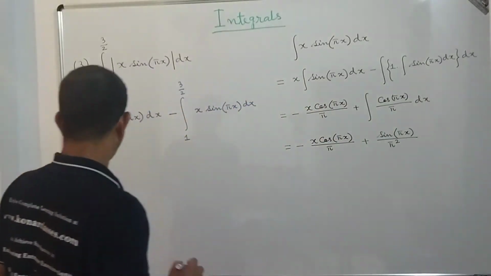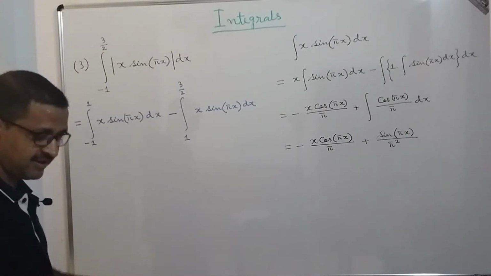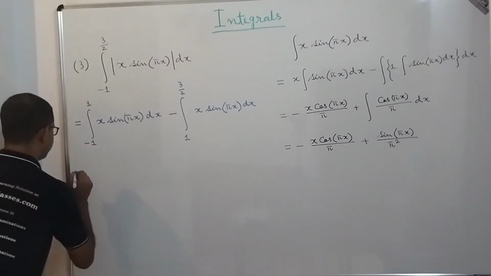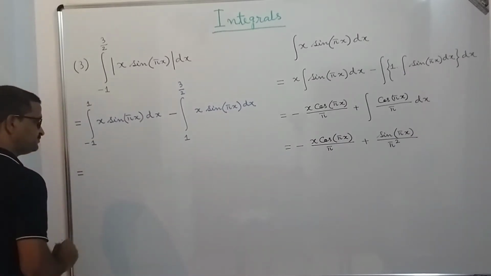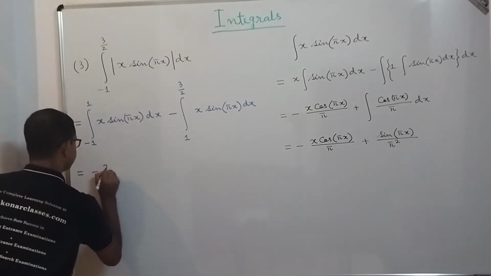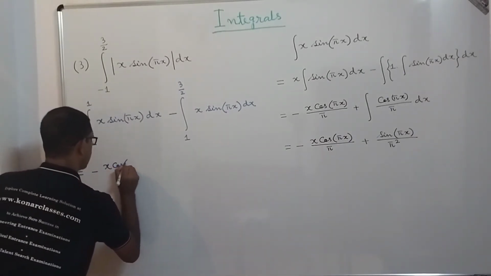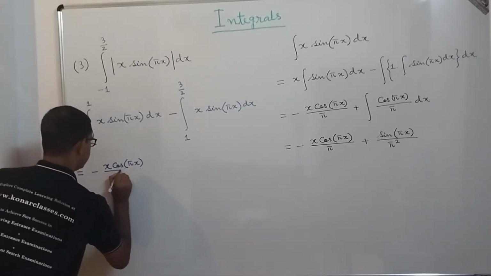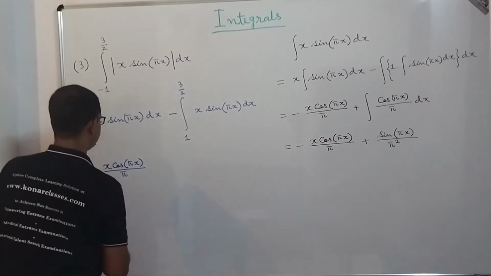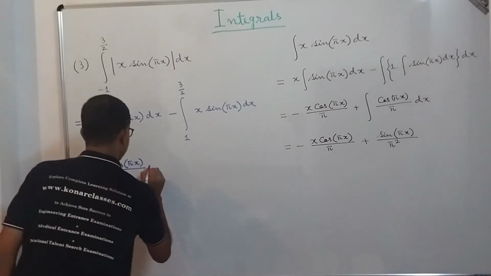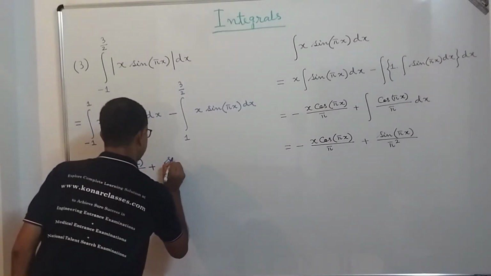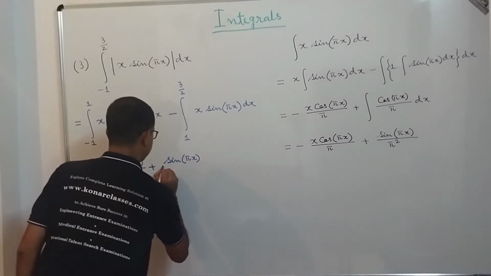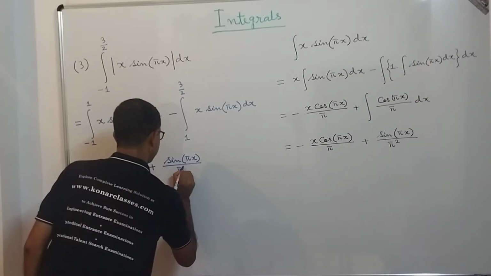Okay. So now all we need to do is to apply the limits to this integration here. So what we can write here? So this is equal to minus x into cos pi x divided by pi. Let me do it slowly because I have seen that many students make mistakes here. Okay, so plus sin pi x divided by pi square.